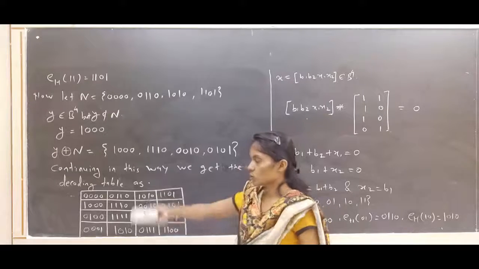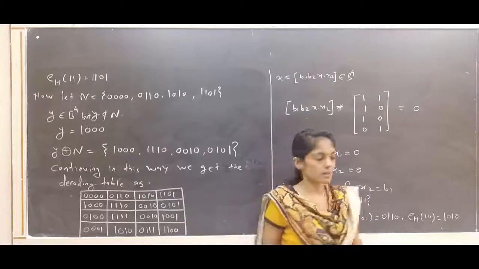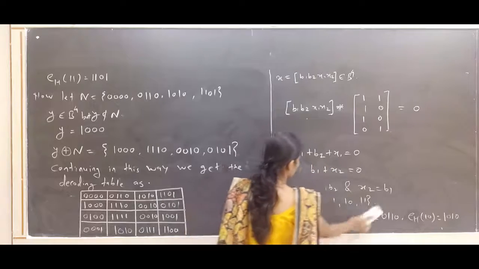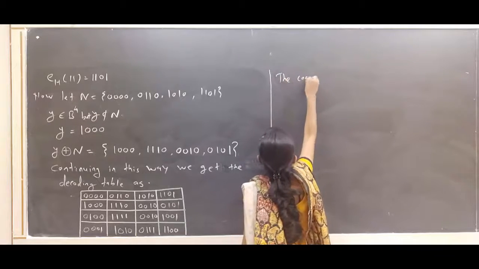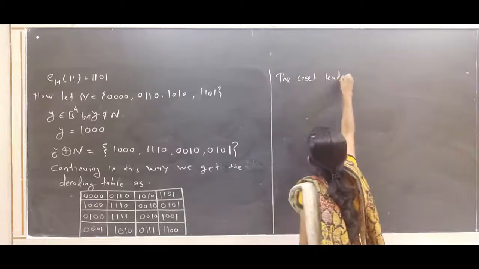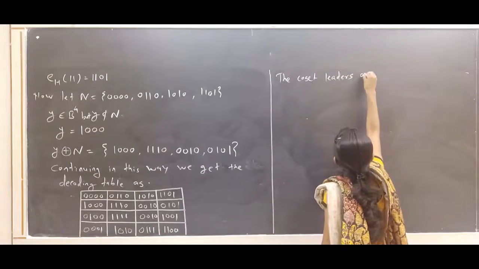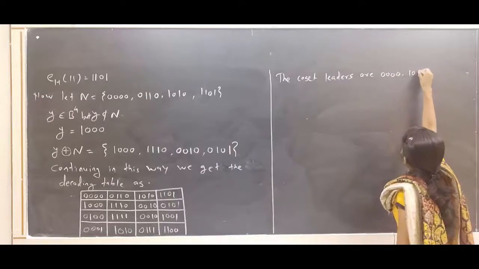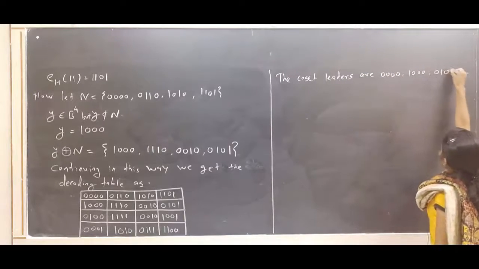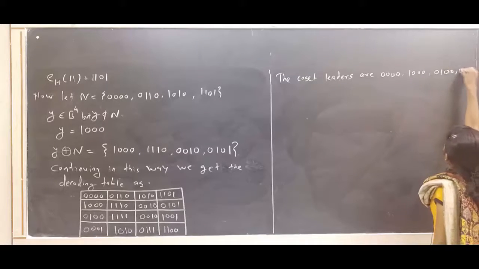So first we mention the coset leaders: 0 0 0 0, 1 0 0 0, 0 1 0 0 and last 0 0 0 1.